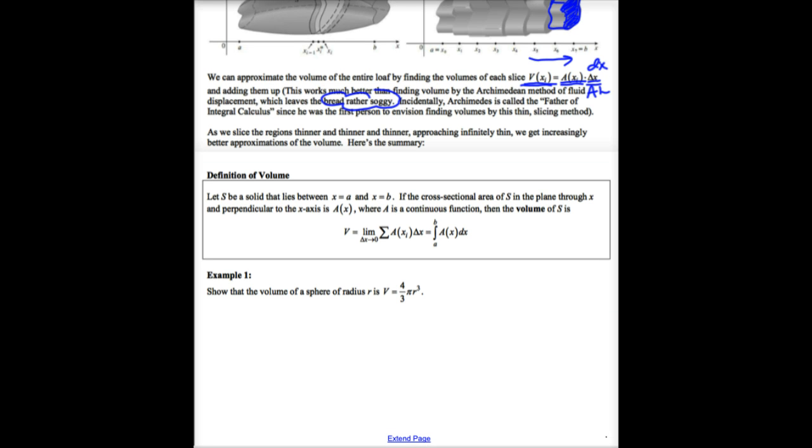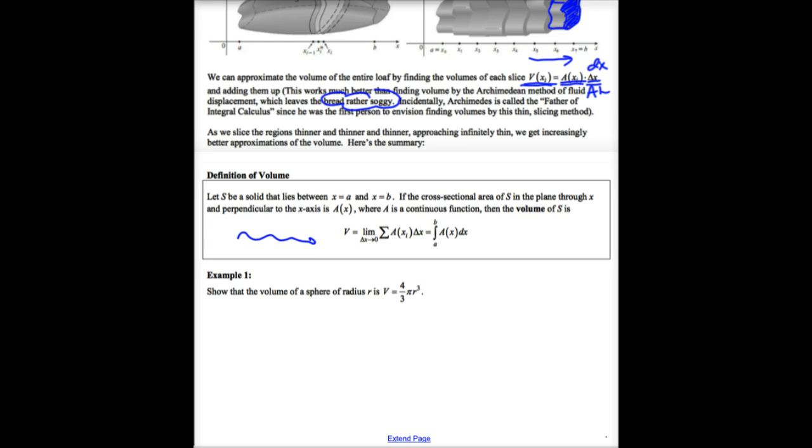So what we're going to do is make those slices super thin, having delta x or dx approach 0, and we're going to do an infinite amount of them, and hence give birth to our concept of the definite integral. So now let's take that concept and give a formula for it.